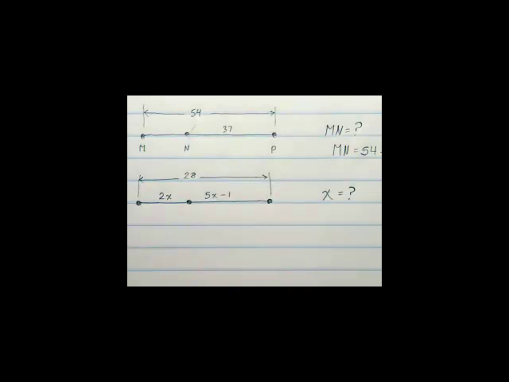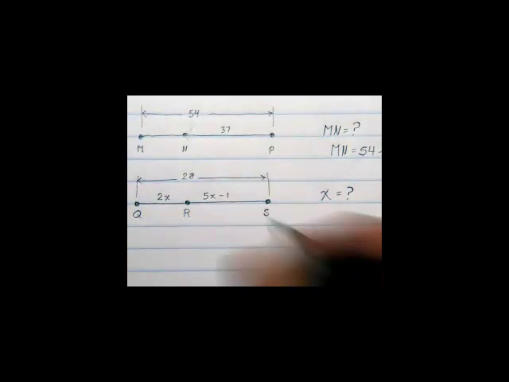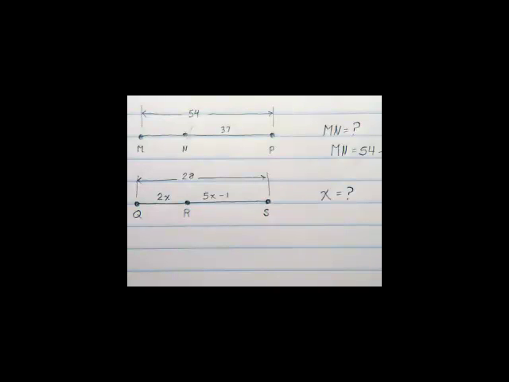What if I did it like that? Still use the segment addition postulate for this. I should probably label those points. Let's say we've got Q, R, S. I want to know what's the value of X, and then I also want to know what's the length of QR.